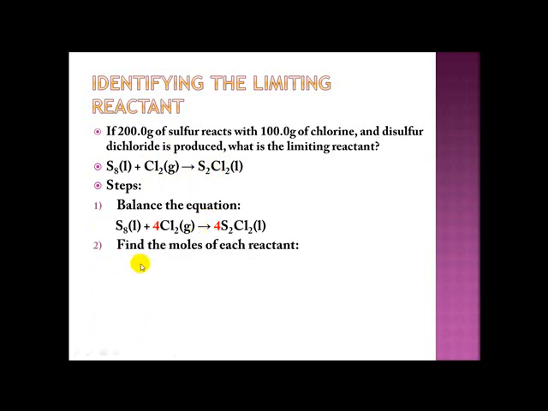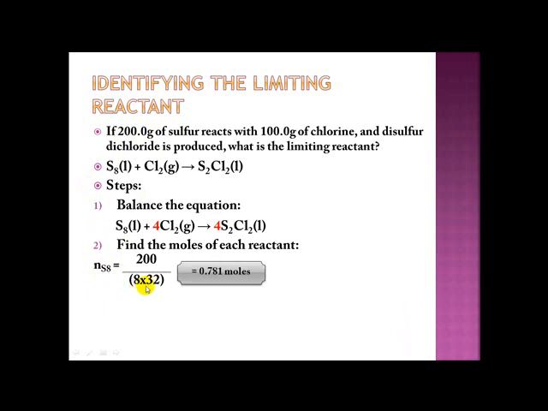The second step is to find the moles of each reactant. We do this by dividing the mass by the molar mass of the substance. For example, nS8 will be m over M, which is the mass given, 200, over its molar mass, which is 32 times 8.